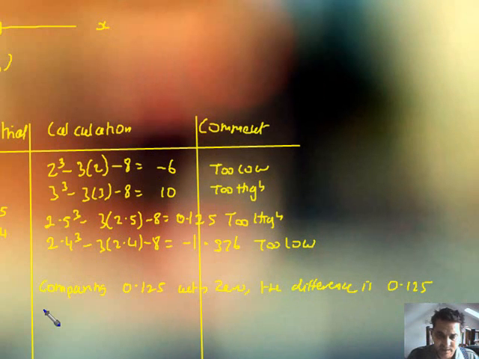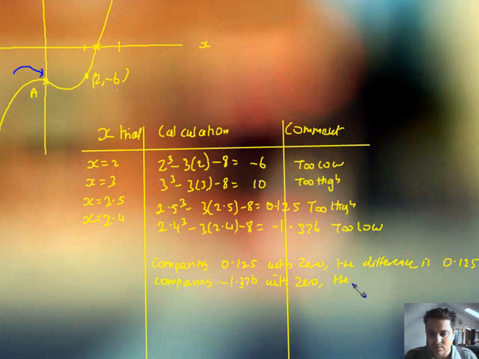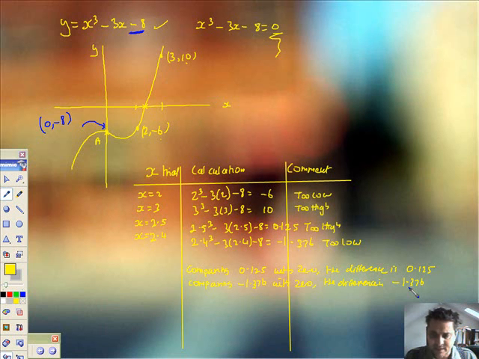I know this is overkill, but anyway, it's the last question. Comparing minus 1.376 with 0, it doesn't matter if you go plus or minus. You look for the absolute distance away from 0, whether you go above it or below it. So the difference is 1.376, and clearly that is bigger than that.